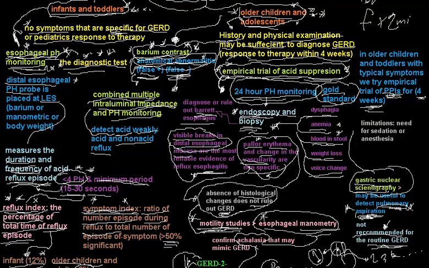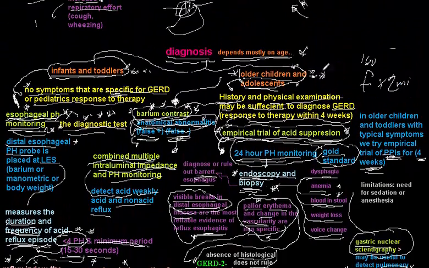So this is all about the diagnosis of gastroesophageal reflux disease. Remember that it depends on the age of the patient. The 24-hour esophageal pH monitoring is the diagnostic test. Nowadays we can use what we call combined multiple intraluminal impedance.